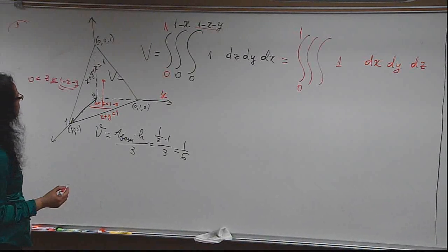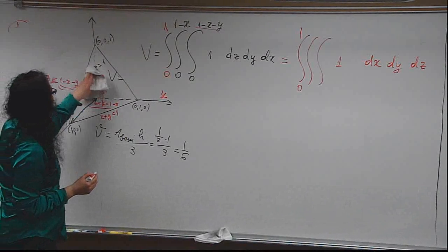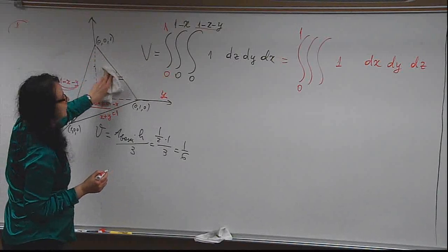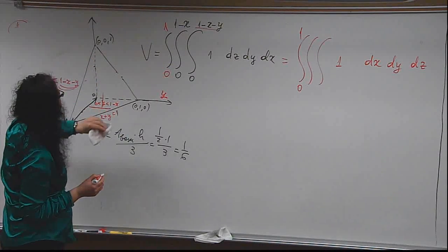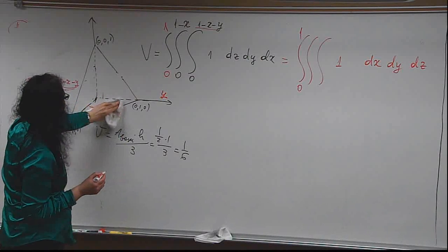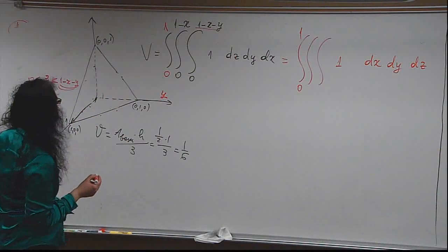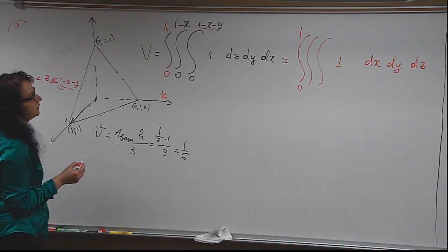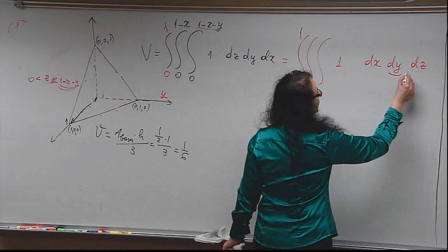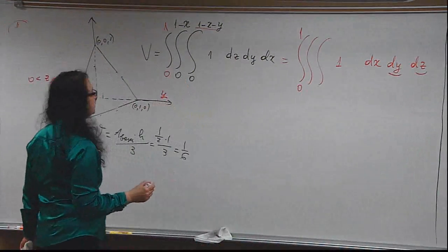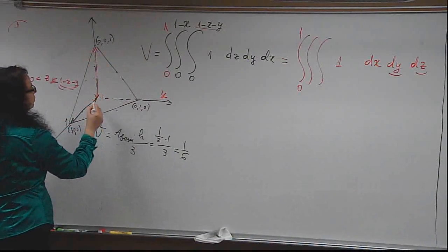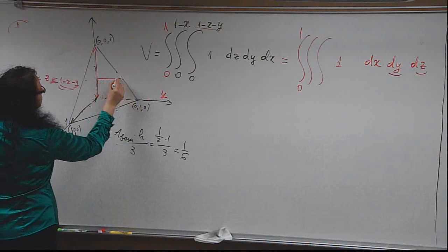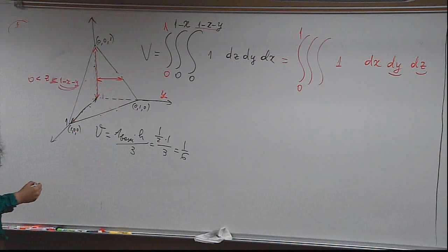Okay, so what do you think? If you want to do it like this, the next one is dy. The relationship that counts in the first frame that you think of is the relationship between y and z, right? So Mr. Z is free to move from 0 to 1, and Mr. Y is conditioned by z.